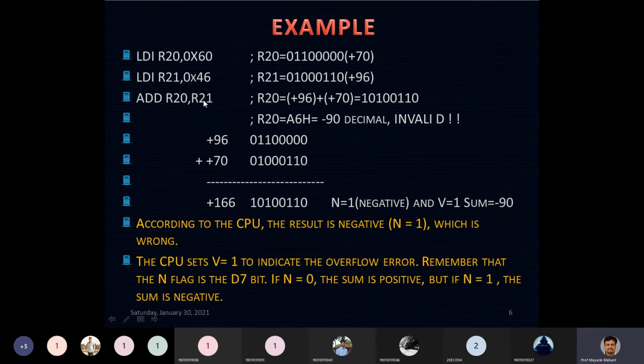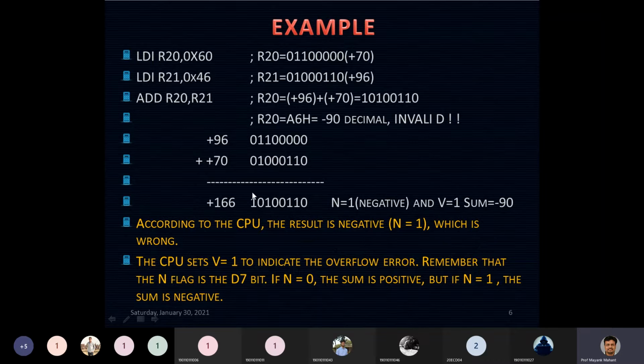Now when you add up these two numbers, you will find that 1 plus 1 equals 0 with carry 1. So the carry is propagated from D6 to D7 bit, and the result is 10100110.